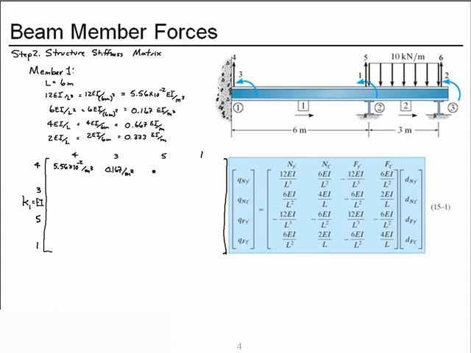Then the minus 12 EI over L cubed, minus 5.56 times 10 to the minus 2 per meter cubed, and then 6 EI over L squared, 0.167 over meter squared.